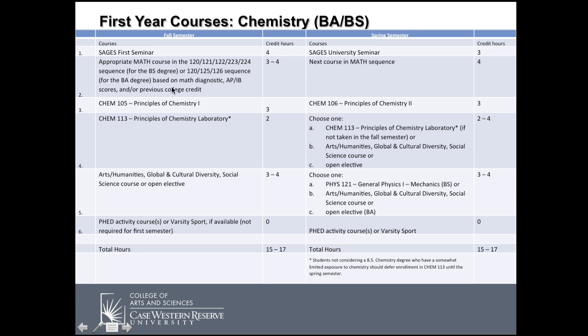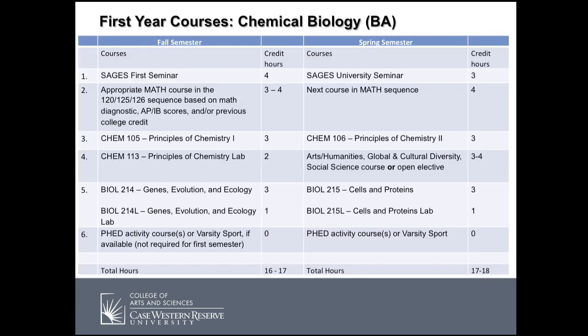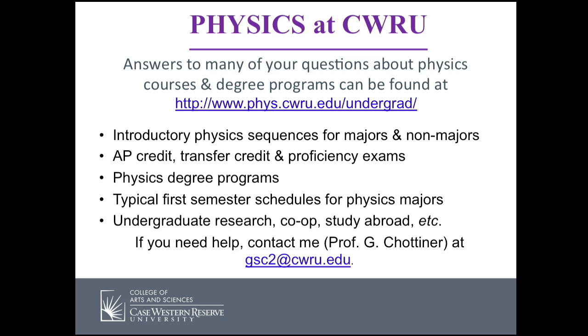And then the only other difference in the second semester would be when you would start your physics. If you were thinking a Bachelor of Science, you would start physics second semester. And then the chemical biology degree is pretty much set in terms of the guidance that we give, and the major difference being that you would take biology in your first semester. I think that finishes me off.